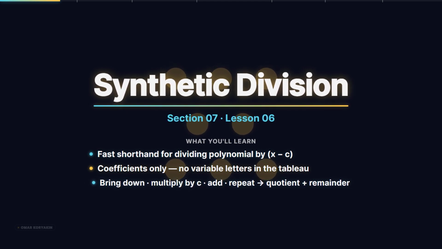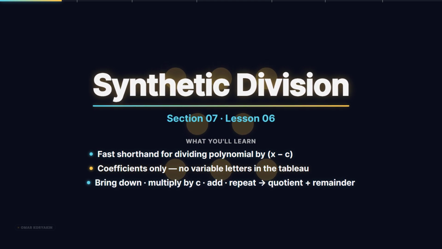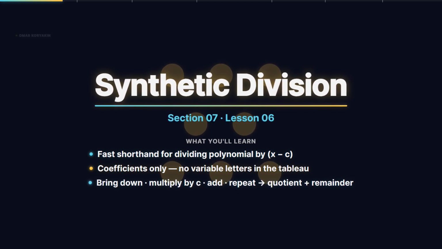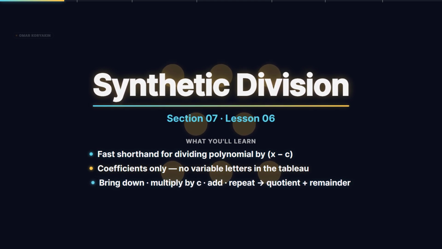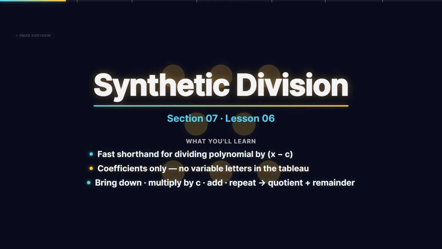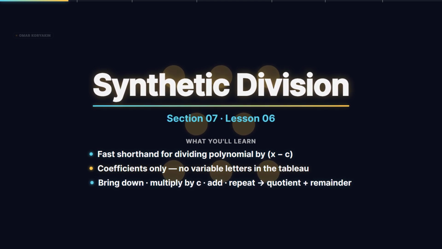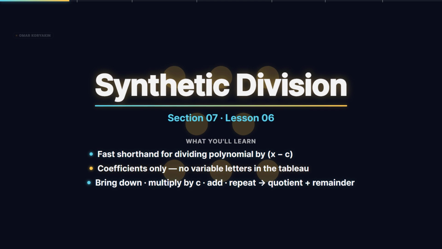Third idea, connection to long division. Synthetic division is mathematically equivalent to polynomial long division when the divisor is linear of the form x minus c. The tableau condenses the multiply and subtract steps of long division into multiply and add steps by absorbing the negative of c into the multiplication. The result, dividend equals quotient times divisor plus remainder, is identical to what long division produces.